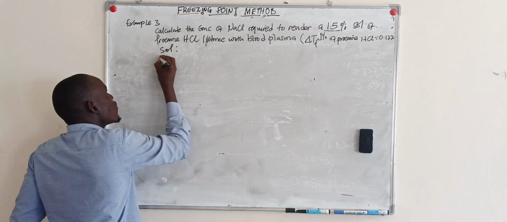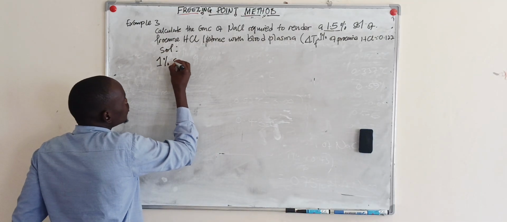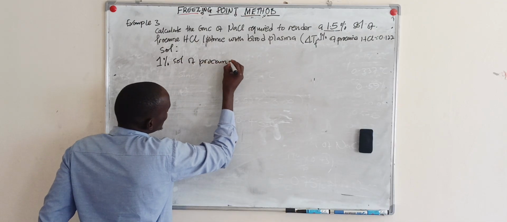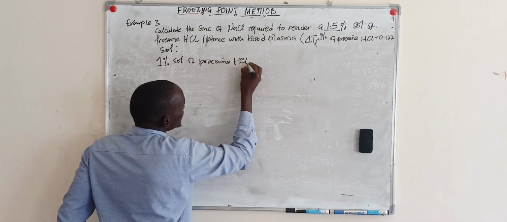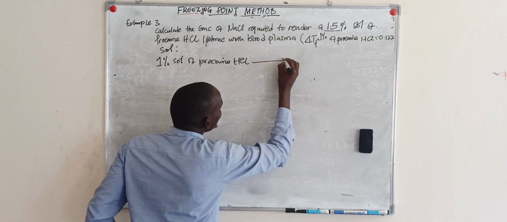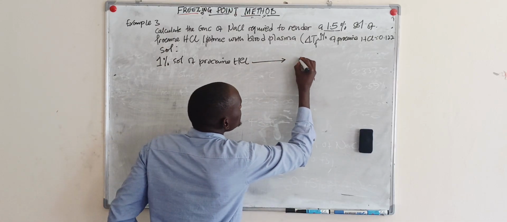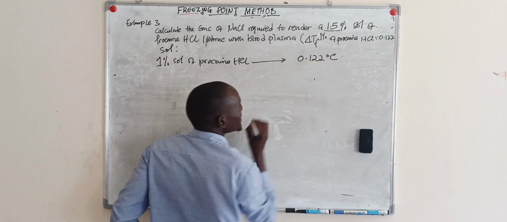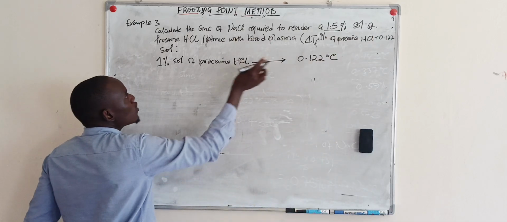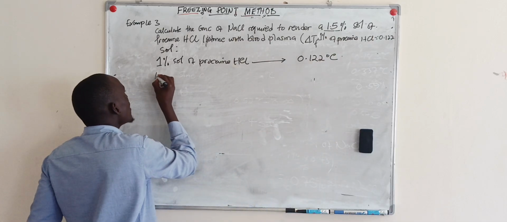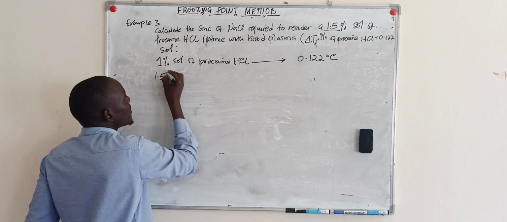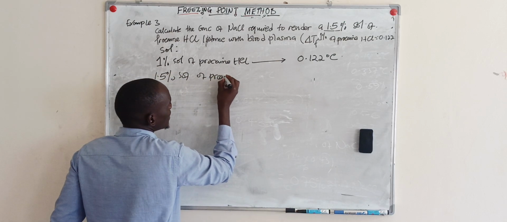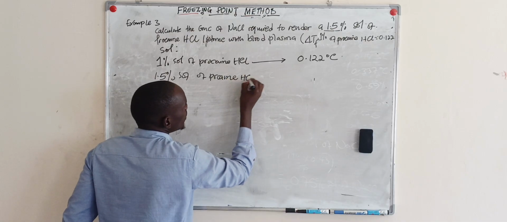So we shall say a 1% solution of procaine hydrochloride produces a freezing point depression of 0.122 degrees C. How about the 1.5% solution of procaine hydrochloride?